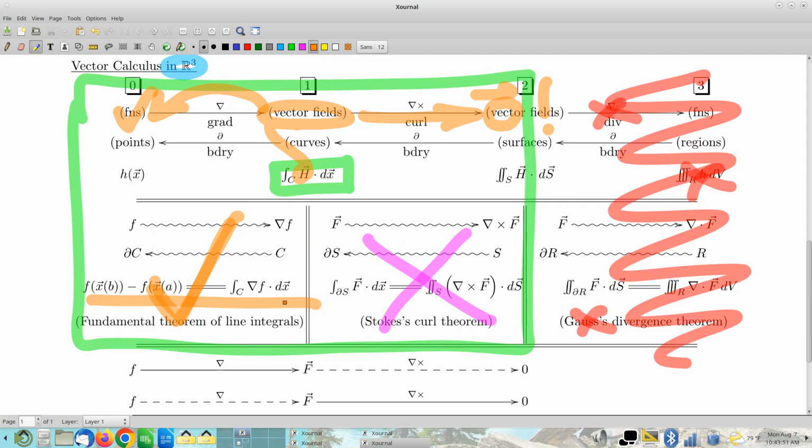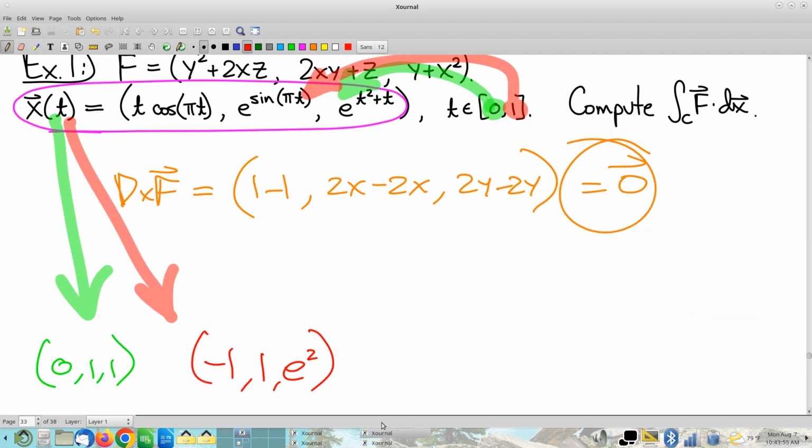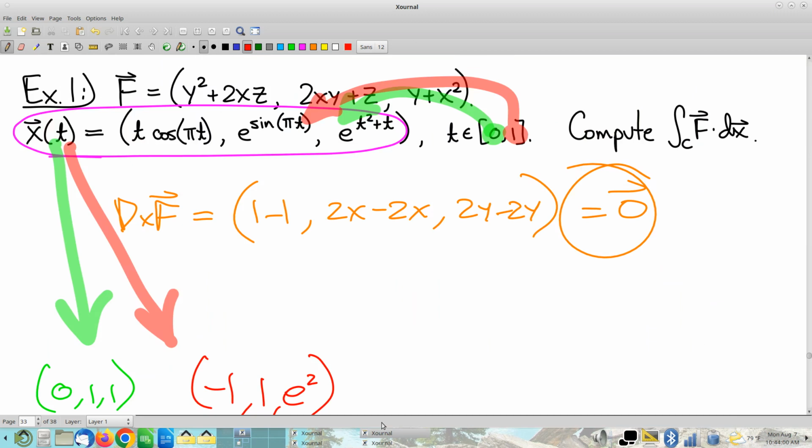Everybody with me? And that's all details that I think y'all can handle. Let me just write down on here that you're going to compute this as f of b minus f of a. And of course, I've already computed the b and the a down there.